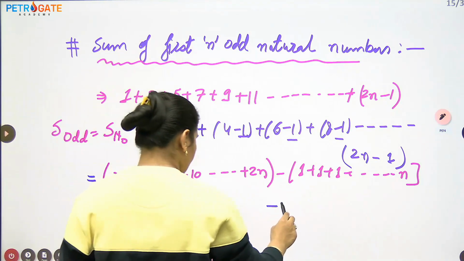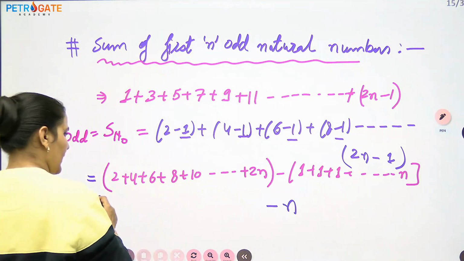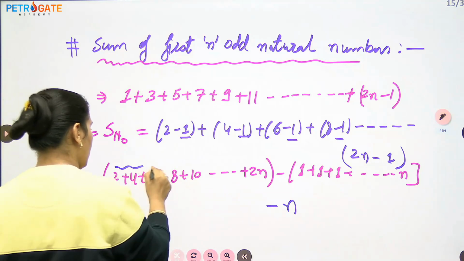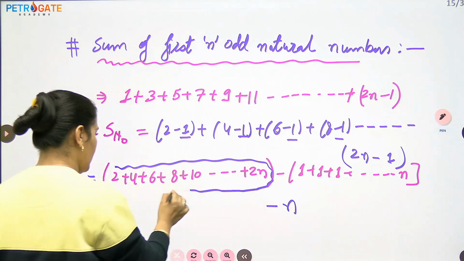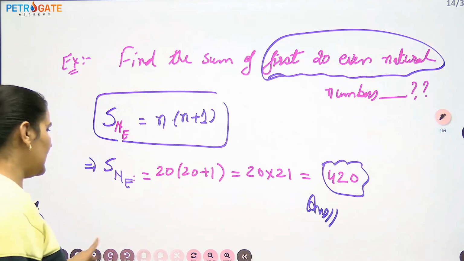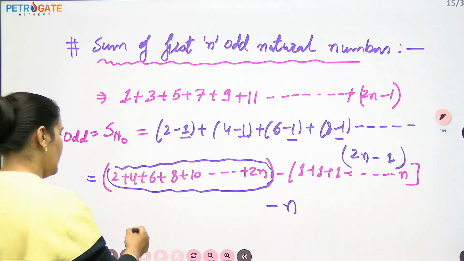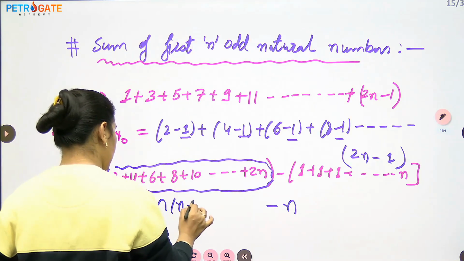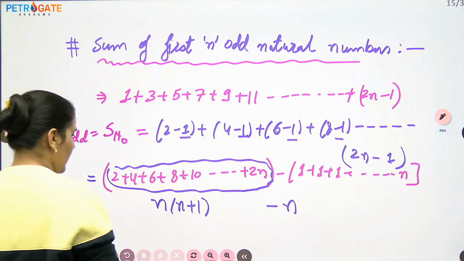This first part is nothing but the sum of the first n even natural numbers, which we discussed previously, that is n into n plus 1. So we will use the formula n into n plus 1, minus n is already there.